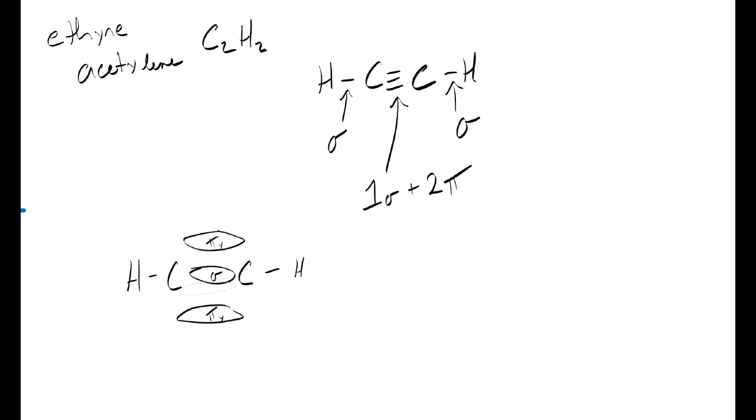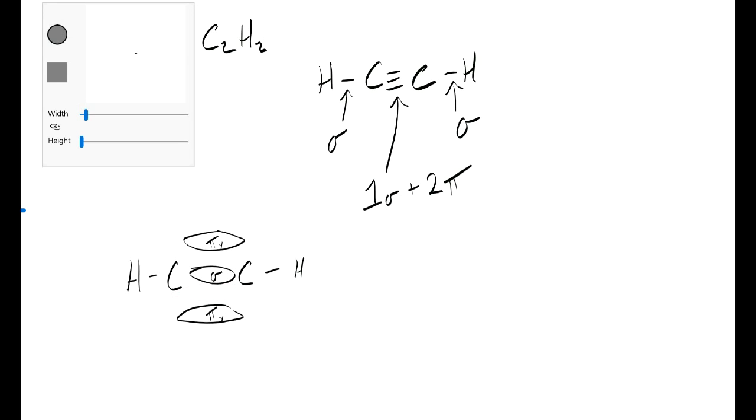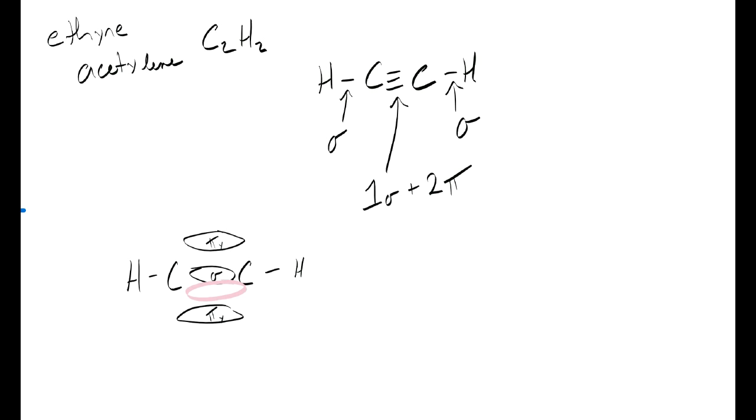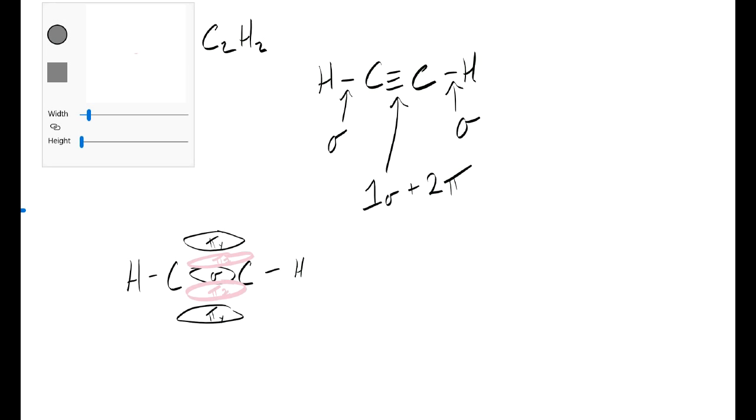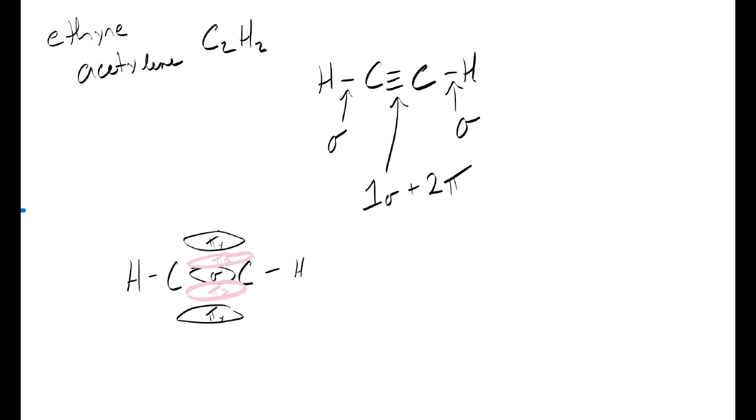Ooh, that's not working. I immediately rue and lament this. Okay, so now in front and behind we have pi z. So those are the 3 bonds of our acetylene. So 1 sigma and 2 pi.